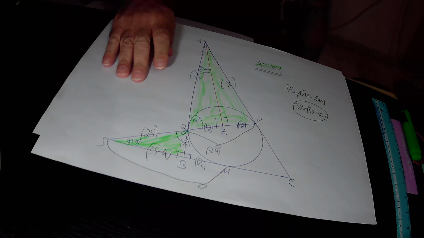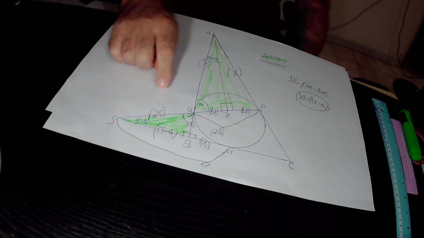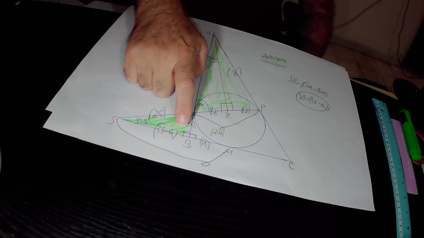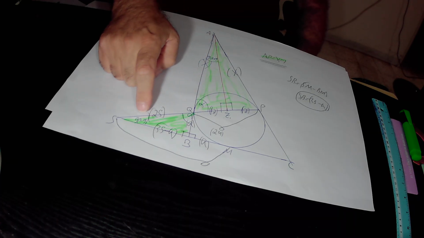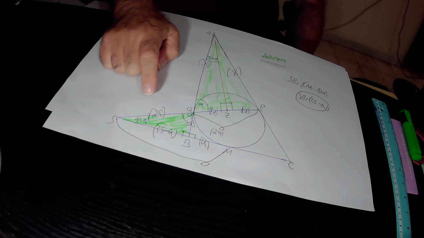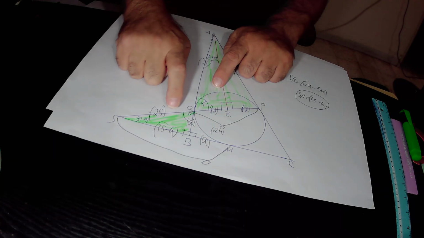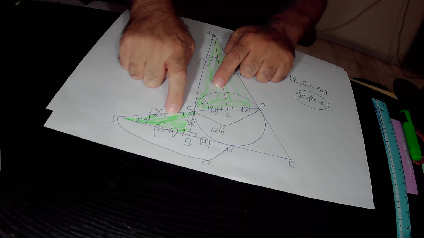Likewise, in this green triangle SQB, this angle equals alpha, this angle equals 90 degrees, and therefore this first angle must be equal to 90 degrees minus alpha, according to the theorem that the sum of the angles in any triangle is equal to 180 degrees. In the next step, we prove that those two right triangles are similar according to angle similarity.